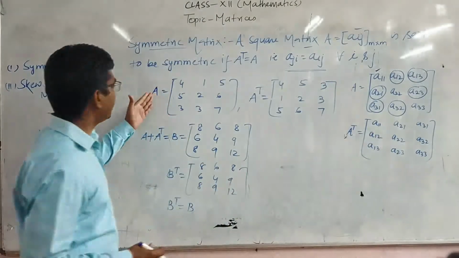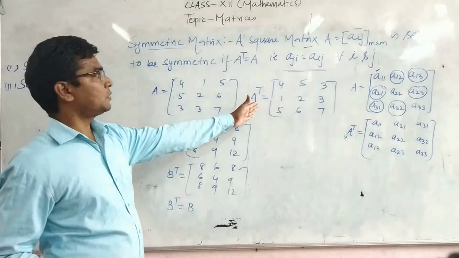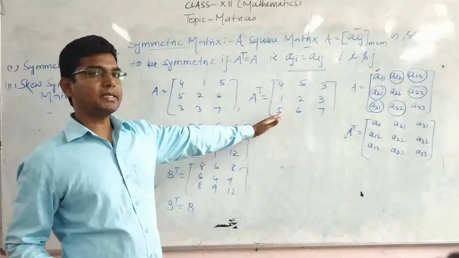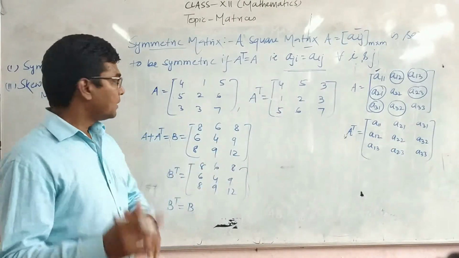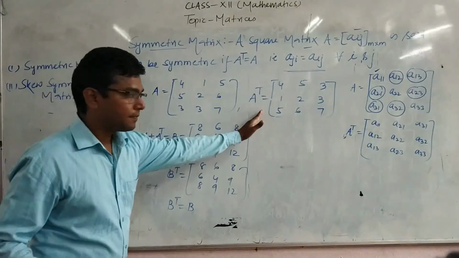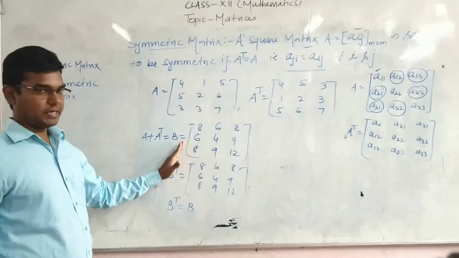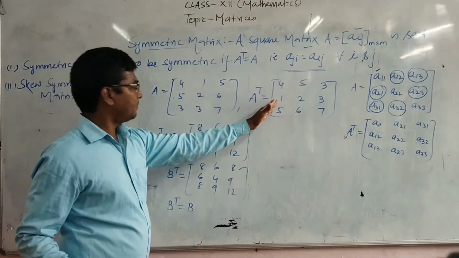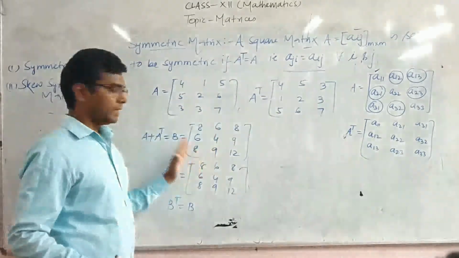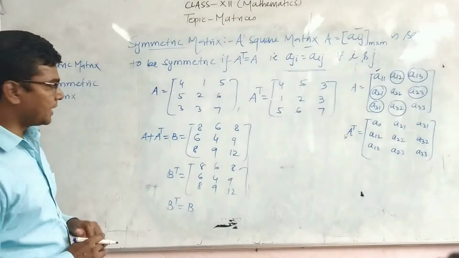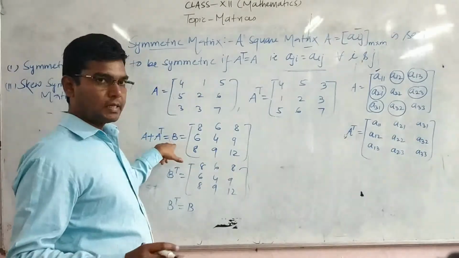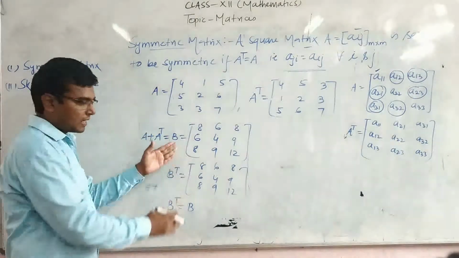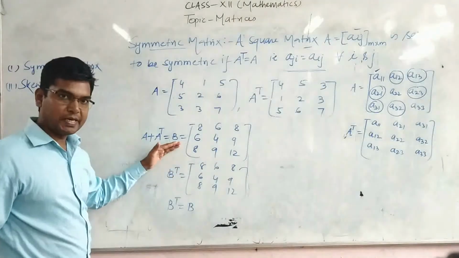Let us take a matrix A and the transpose of the matrix be this. Easily you can see that matrix A is not a symmetric matrix. But if you add these two matrices, you will get a third matrix B. That is 4 and 4 makes 8, 5 and 1 becomes 6, 3 and 5, 8. Like this, by adding the corresponding elements, we get another matrix B. If you take the transpose of this matrix B, it will again be the original matrix.